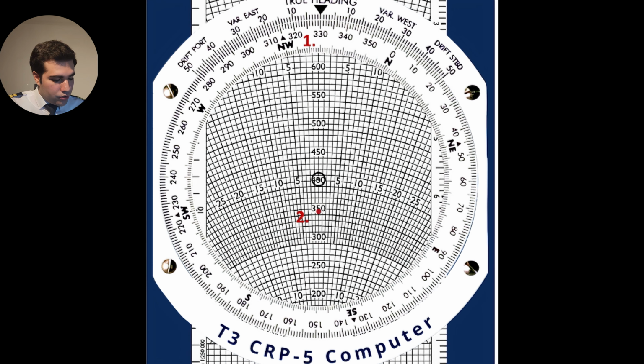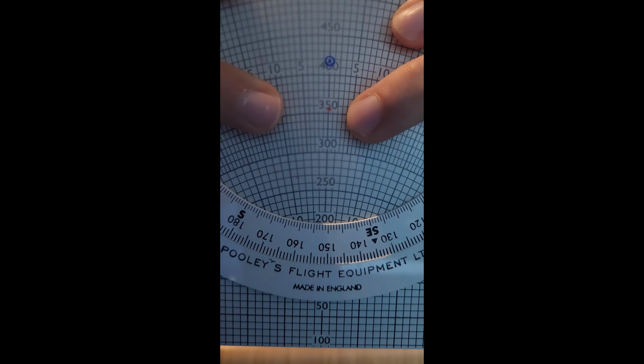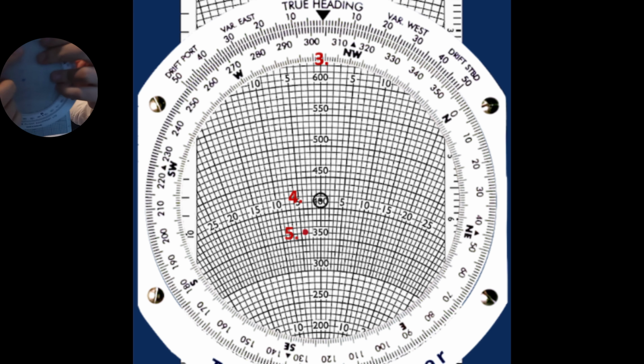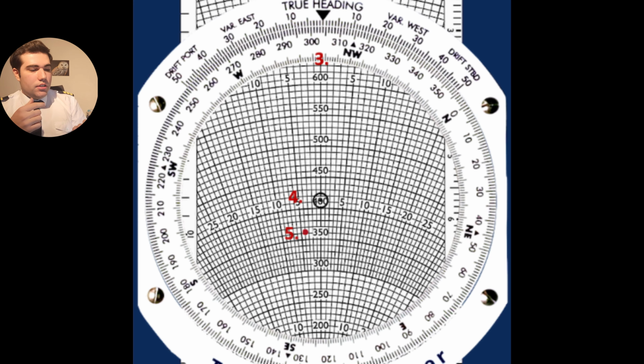So you want to put it on the 356. I already did it right here. I'll show you. So this is your wind. You have to put it with the wind direction. So this is your wind and your ground speed.